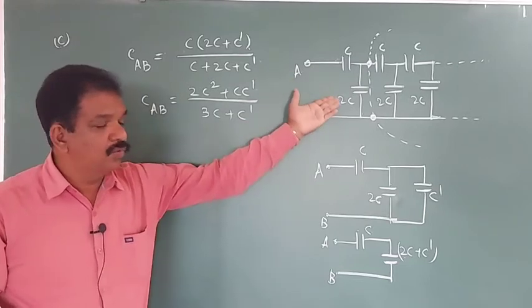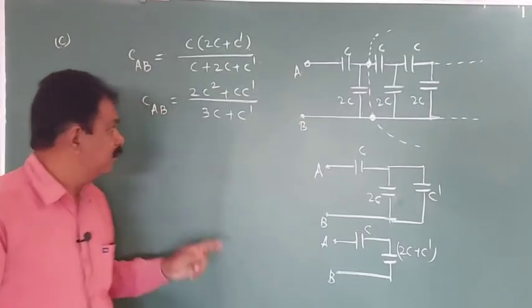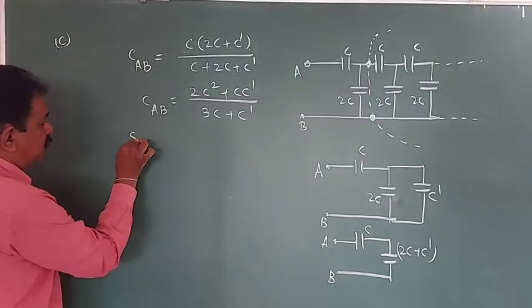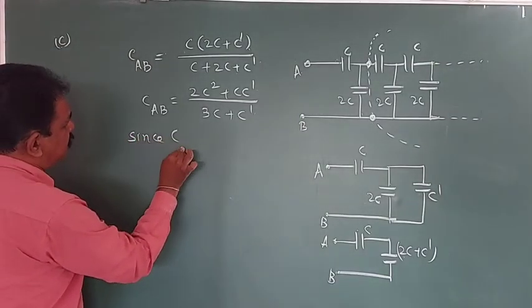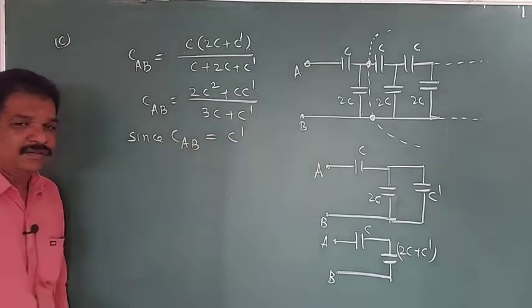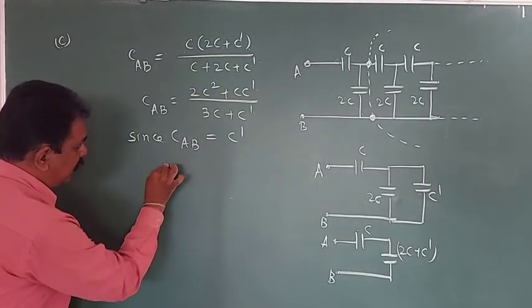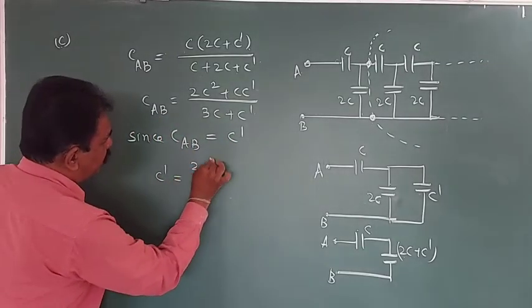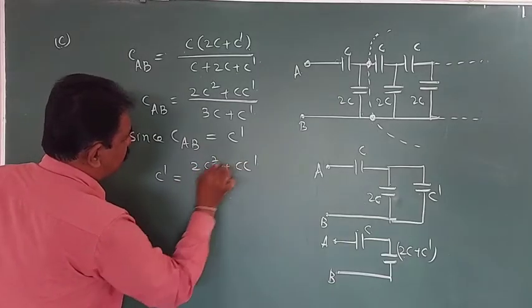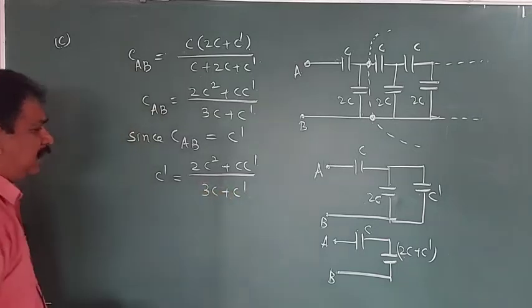Just two capacitors are removed in an infinite circuit. Since CAB is equal to C dash, what will happen? C dash is equal to 2C square plus CC dash by 3C plus C dash.